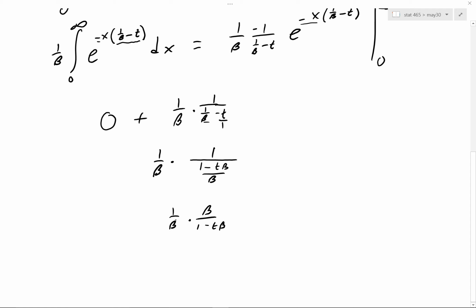And so, in theory, these guys cancel out, and I should be left with 1 minus t times beta. This right here should be my moment generating function, in theory.